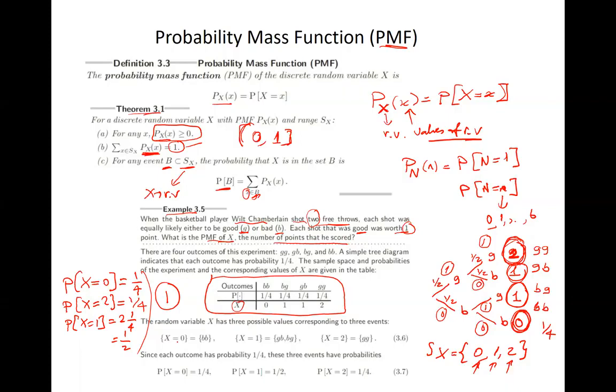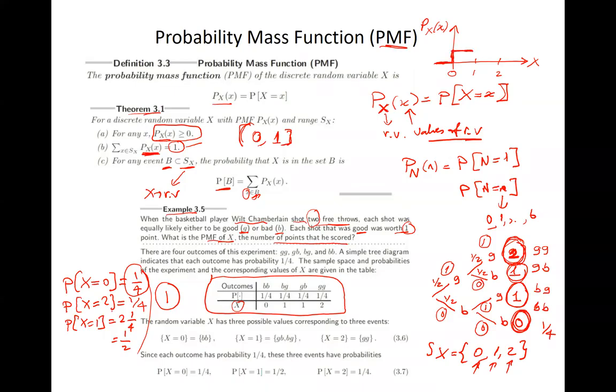Then we can plot a PMF function here, if we want. Here is X. Here is Px of X. We got the values here 0, 1, and 2. So before 0, it's 0. When it is 0, the probability increases to 1 over 4. So here is 1 over 4, goes to 1.